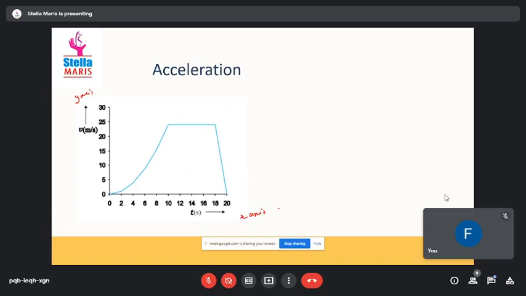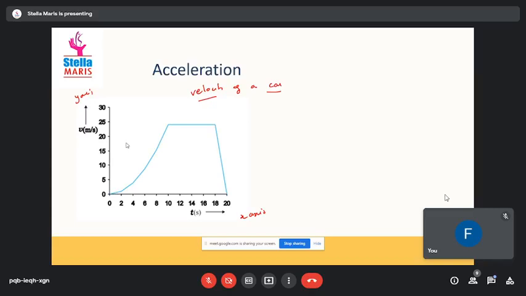I think in your book it is given in figure 3.3. Or else you can do one thing. Okay, this is a velocity time graph. Let's say this is the velocity of a moving car. It is represented by a velocity time graph.